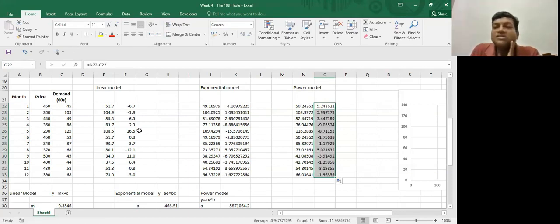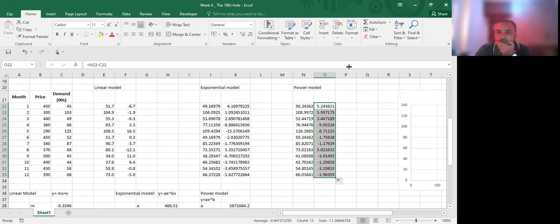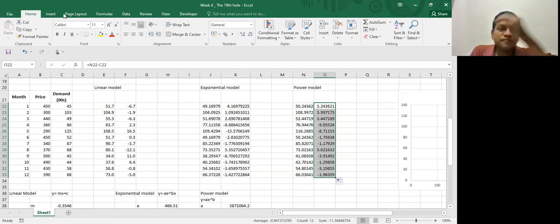So this is the residual or the error value. Now which is a better model? We have the error values. How do we know which is a better model now? The power model. Why do you say power is the better model? Sir, because I took the sum of the squares of all the residuals and compared them, and the lowest value that I get is from the power model.